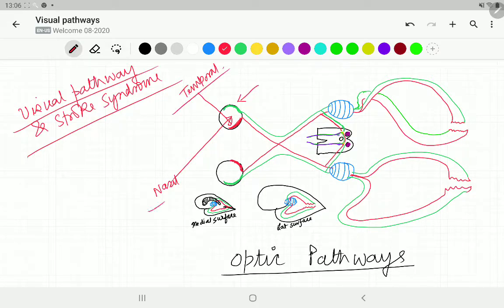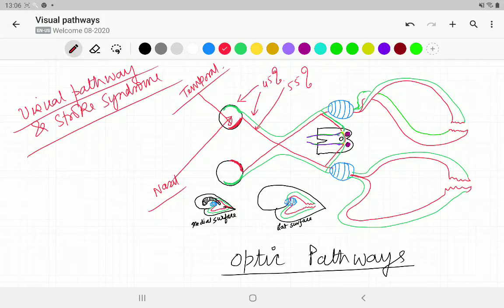So out of all the information received, nasal receives around 55% of the total fiber, and the temporal side of the retina, which is carrying information from the nasal aspect, receives 45% of the total information, or the amount of light which is reaching the retina.